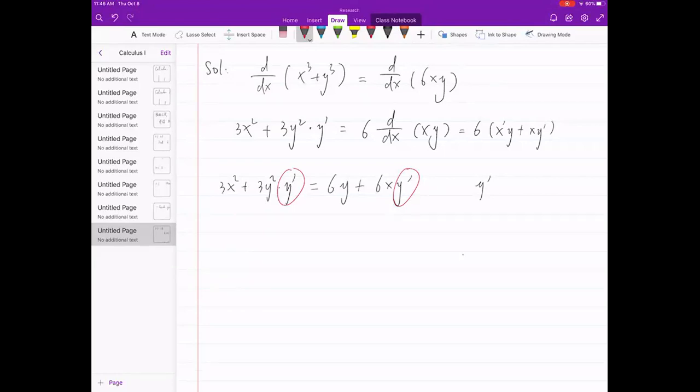Move all the y prime to the left, everything else to the right, factor things out, and divide. So that's exactly algebra.